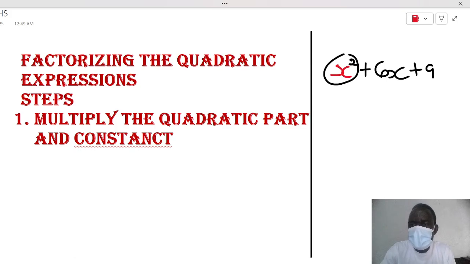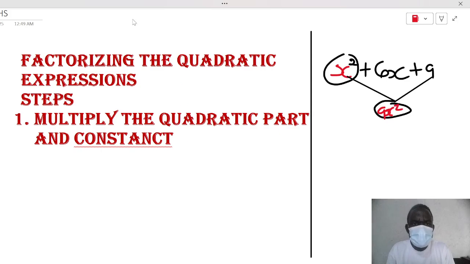So you multiply the quadratic part and the constant part, which is this one, to get the product. So actually it will be 9x squared.